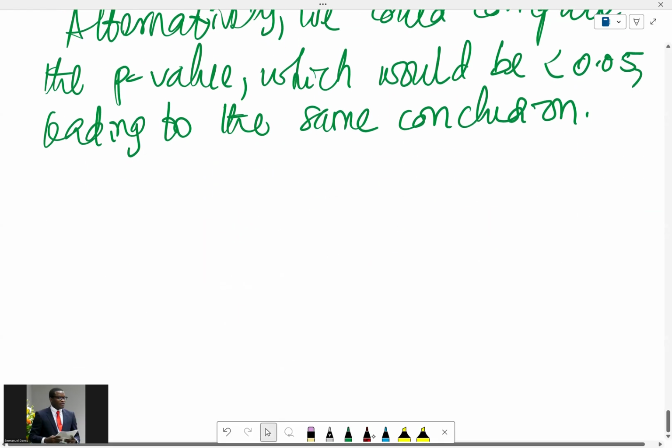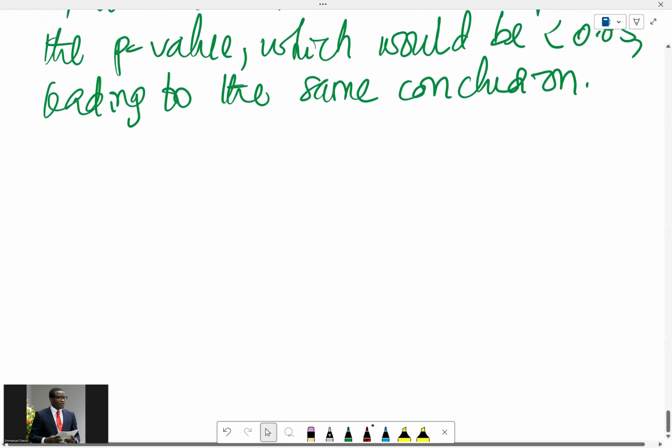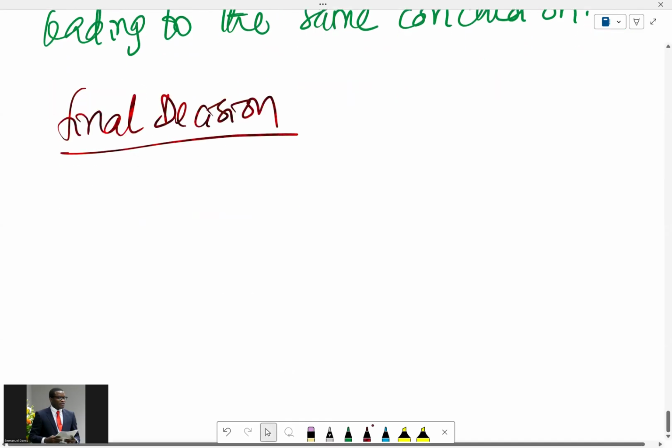So what is the final decision? What do we say finally about the setting we started with? Because at the end of the day, you want to be able to make a decision in the context in which you are functioning.